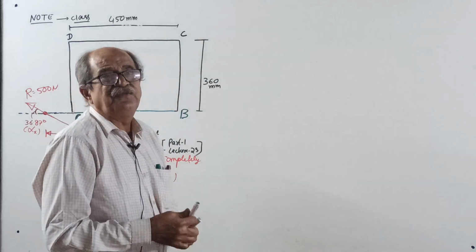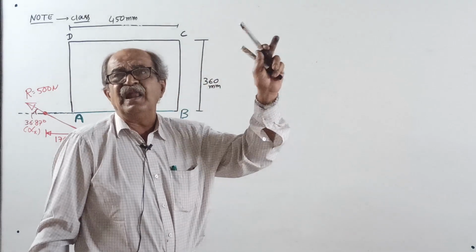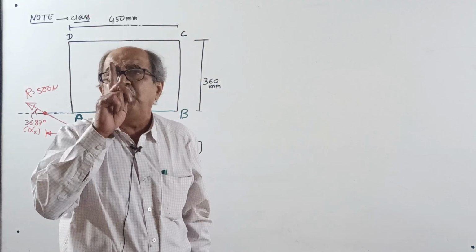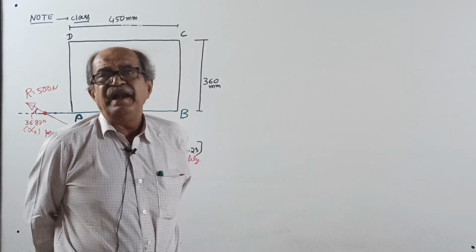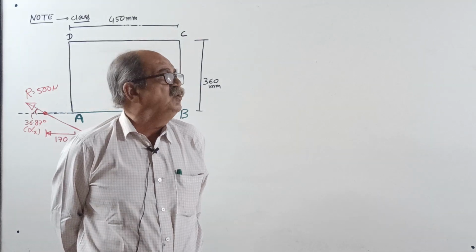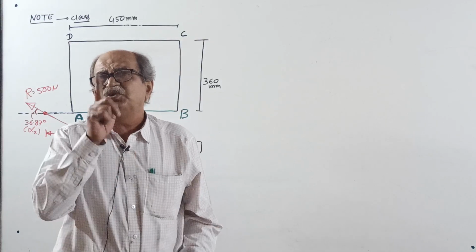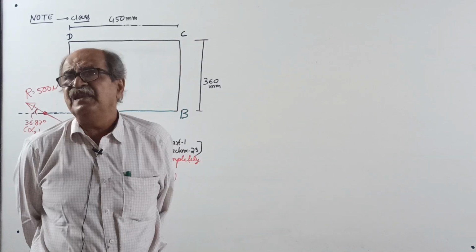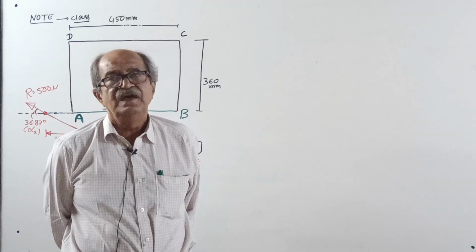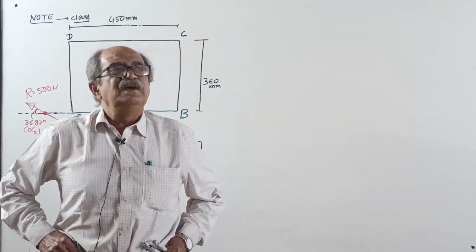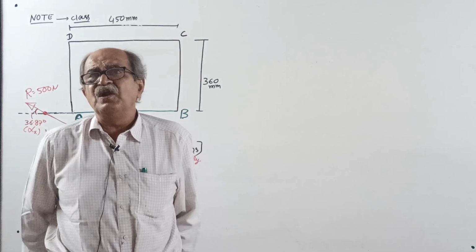If it is a concurrent force system, it is not that way; you draw the line through that one defined point. To completely define the line of action, you require just one point which lies on the line of action of the resultant. In concurrent you know it, but in coplanar you are not knowing.